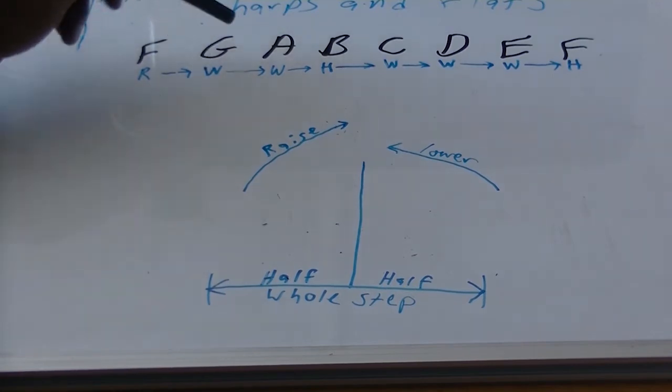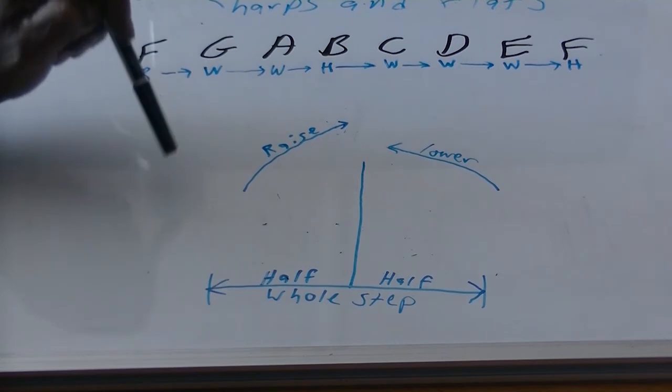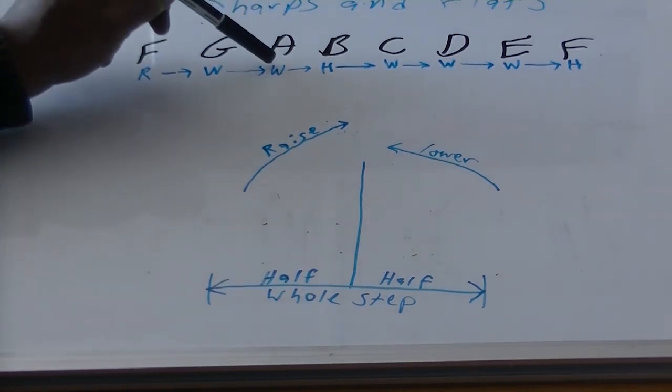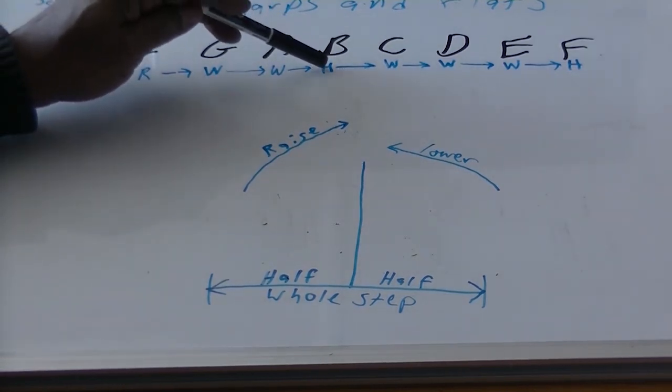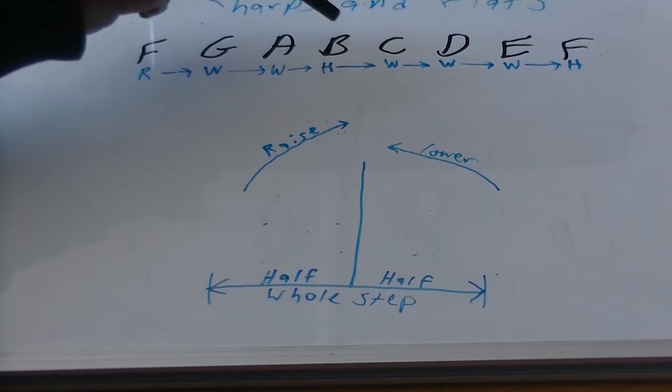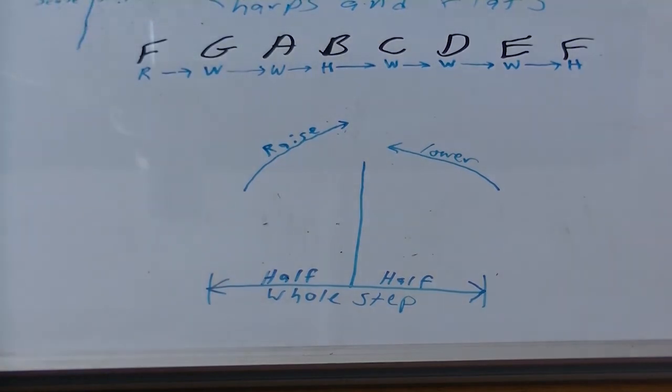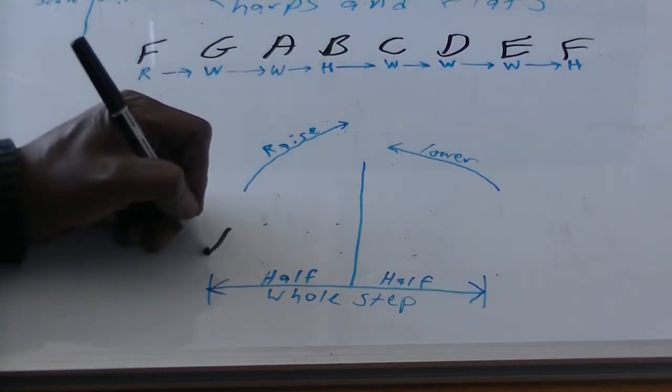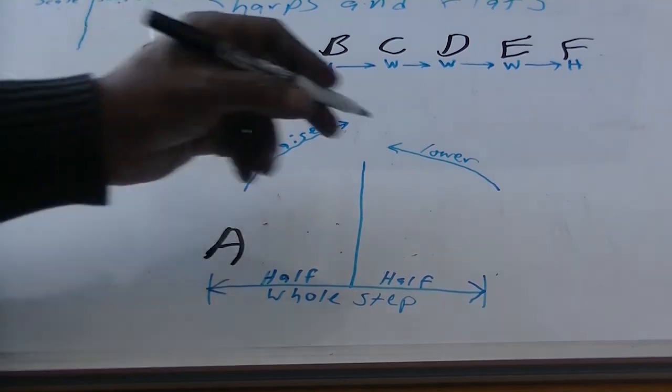So now we're at G and we need to go up a whole step. From G to A is a whole step. A is the correct note. Now we're at A and we need to go a half step. Well, hopefully you know by now that from A to B is a whole step. And we only need to go a half step.